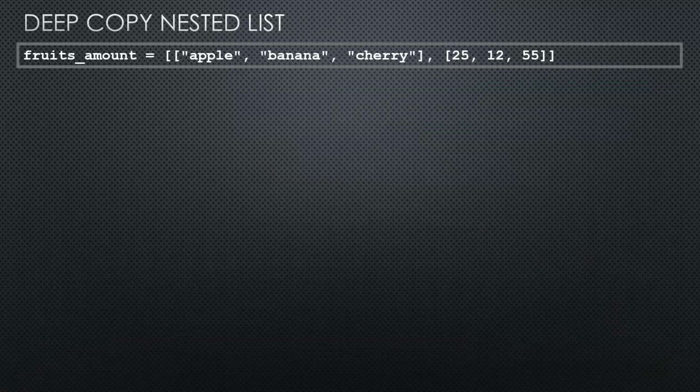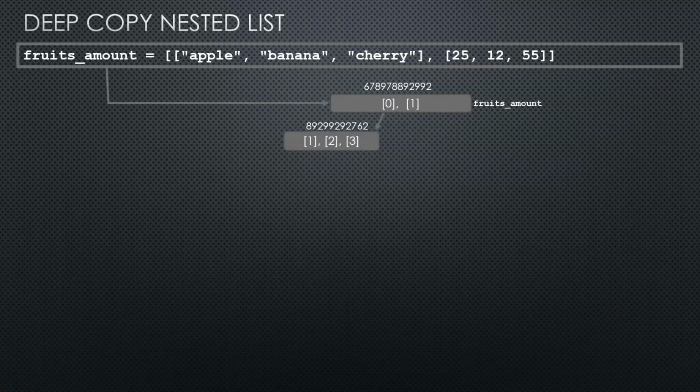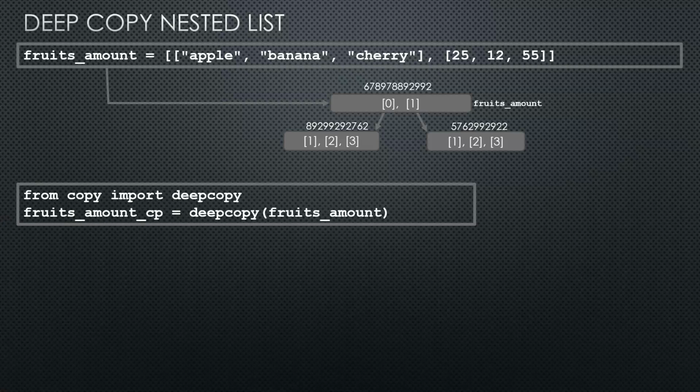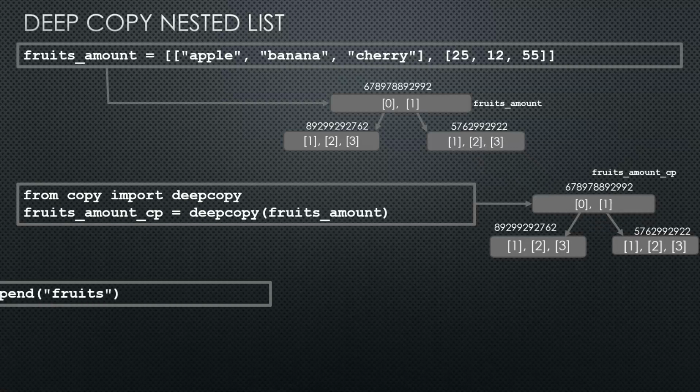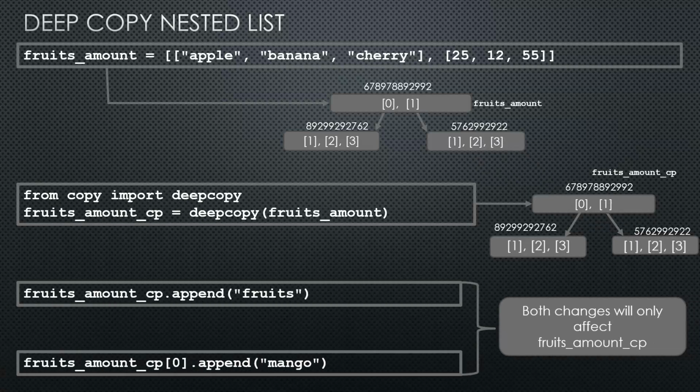We can import from the copy module the function deepcopy, and what this function does is that the external list gets its own memory location, and the internal lists are also copied over, so they get their own memory locations and the values are copied to the new memory locations. This means the two lists are totally decoupled, and if we change one of them, it will not affect the other one.